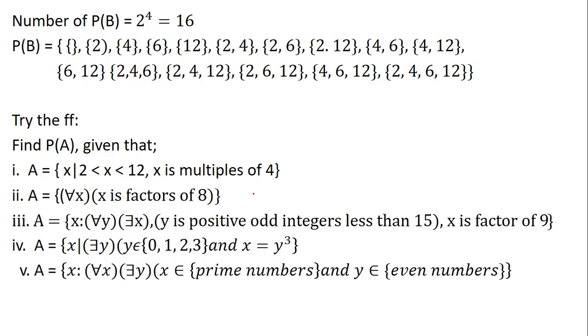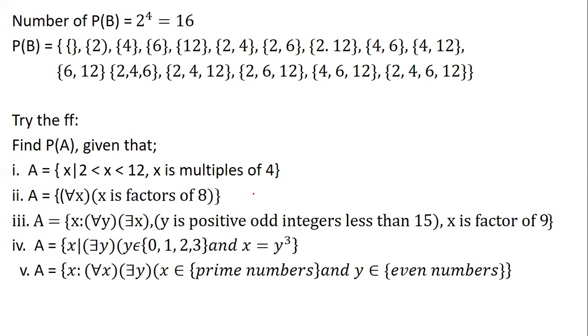So what are the positive odd integers less than 15? 1, 3, 5, 7, 9, 11, 13. Good.